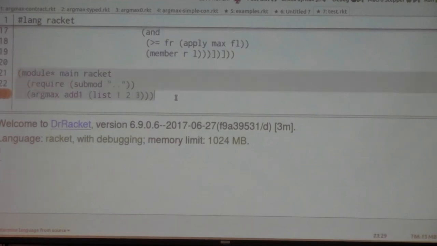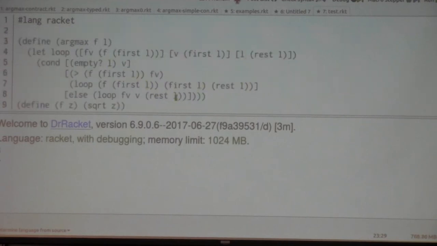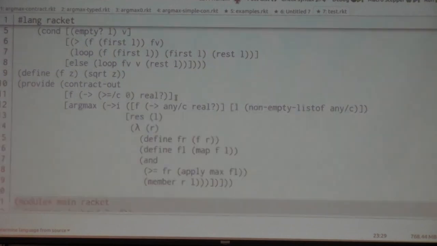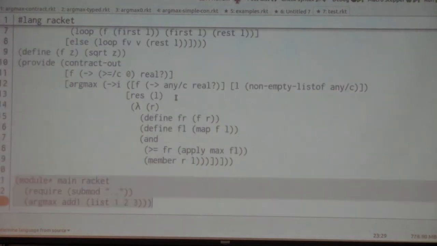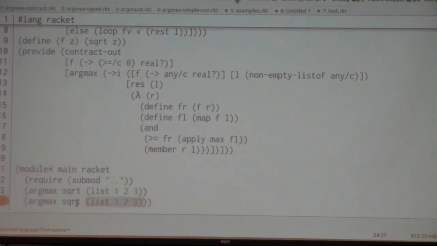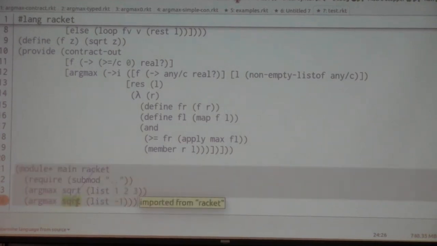So here, this program satisfies our contract because we've written Argmax correctly. But let's think about what happens when, let's imagine we take the argmax of square root of list 1, 2, 3. That'll be fine. How about the argmax of list -1?